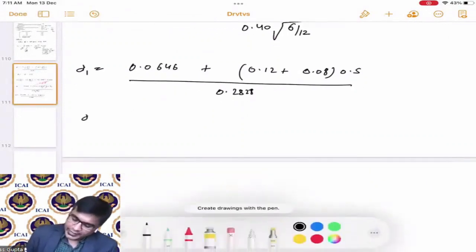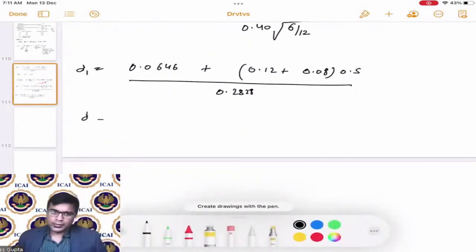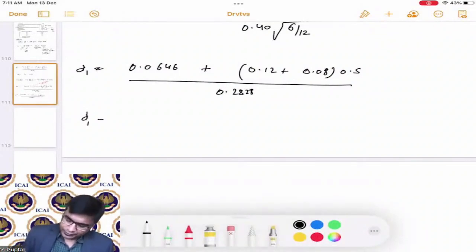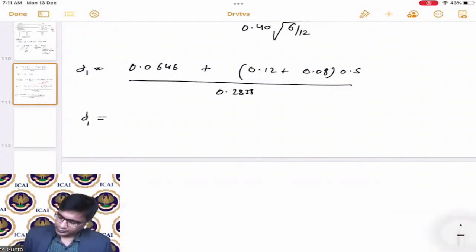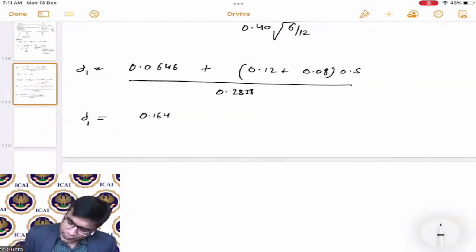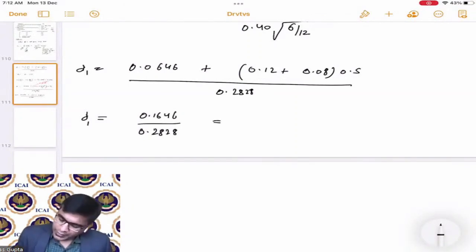And finally, D1 is equal to, if we solve the numerator, it comes as 0.1646 divided by 0.2828, which is equal to 0.5820.